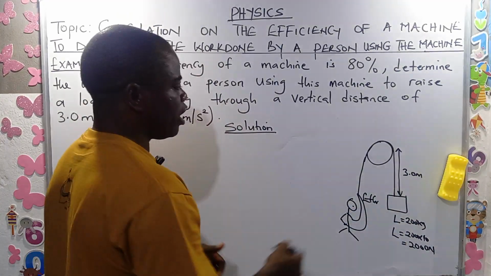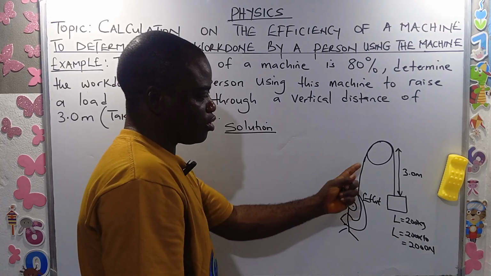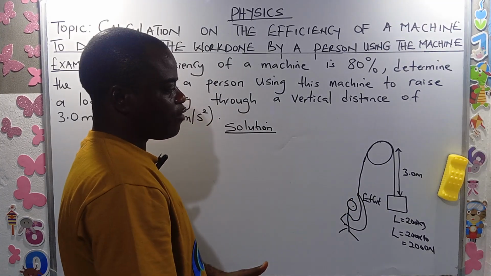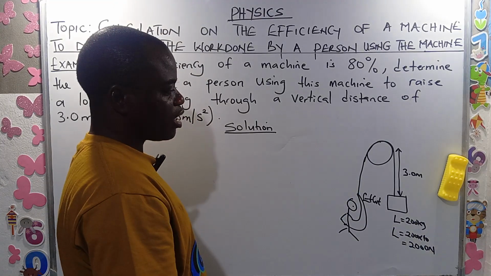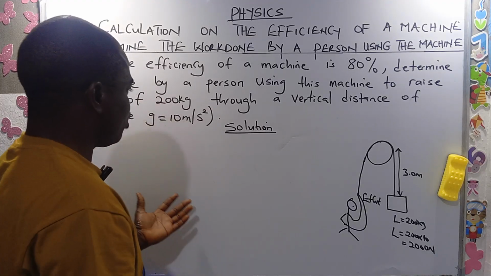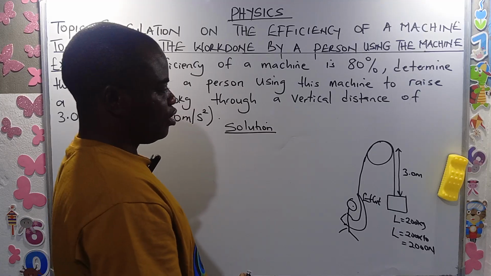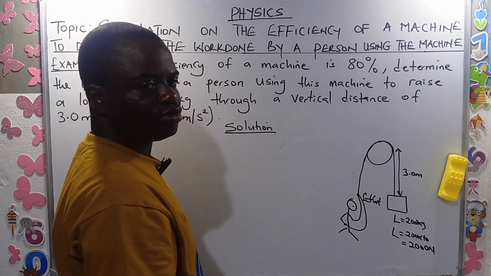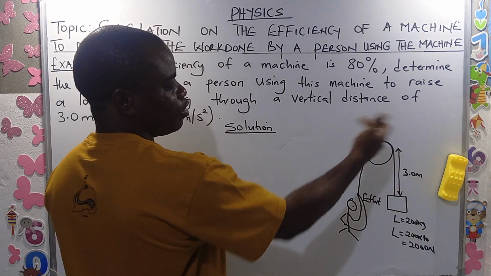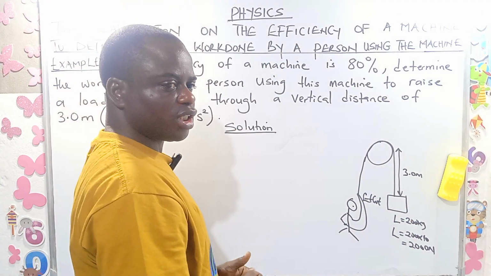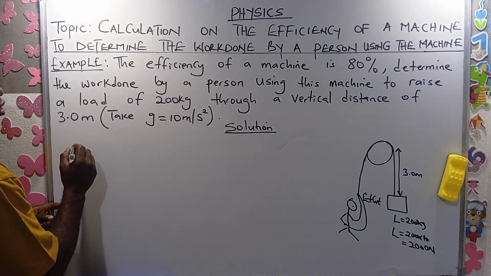We want to see the work input. The work input is effort times distance moved by the effort. We want to see the work input at which the individual pulls the rope, so that the load will move up to a particular height where you want to take it to. Now let's write down the parameters.